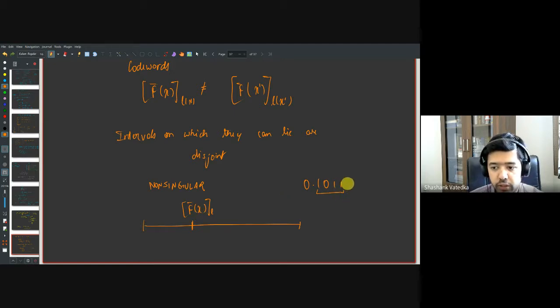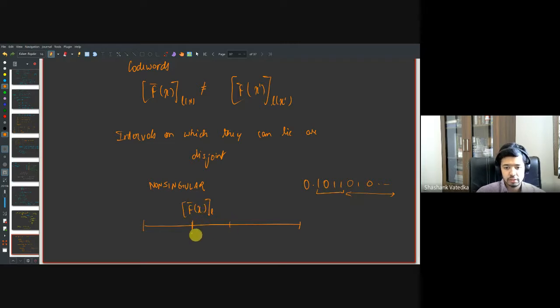Now, if I look at all the numbers for which this can be a prefix, what is it? It should be some sequence of bits following this. It could be all zeros, 0, 0, 0, 0, 1, 1, 0, 0, and so on. So everything following this is a valid sequence for which this is a prefix.